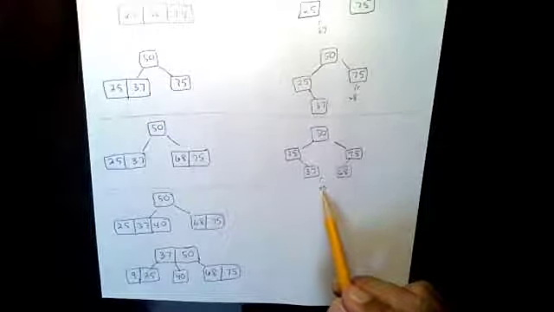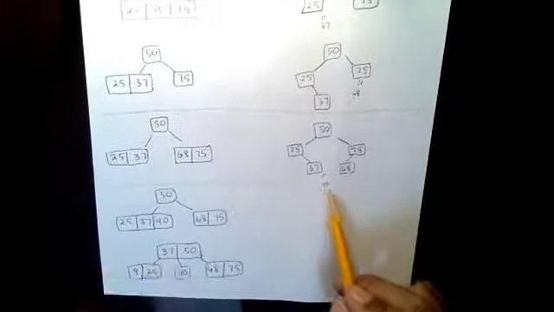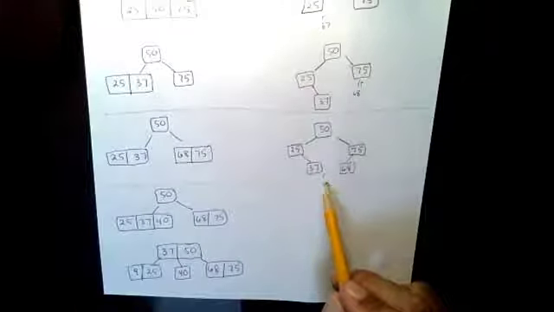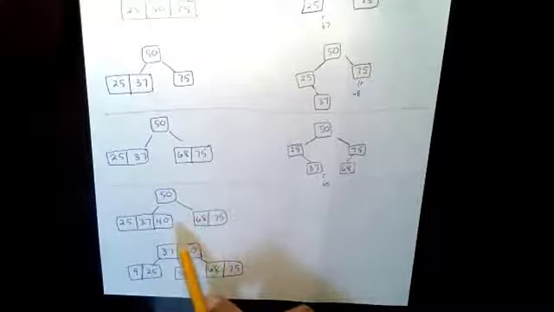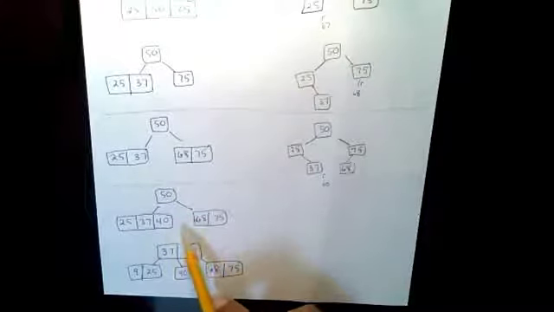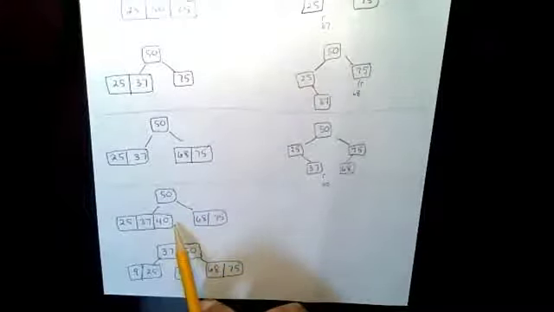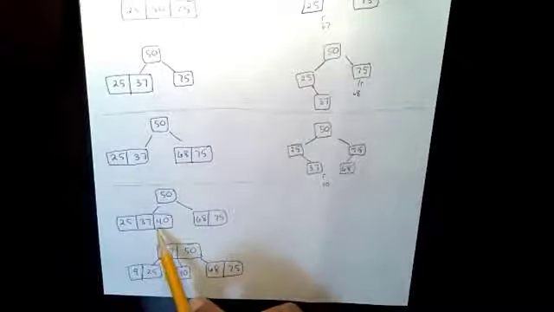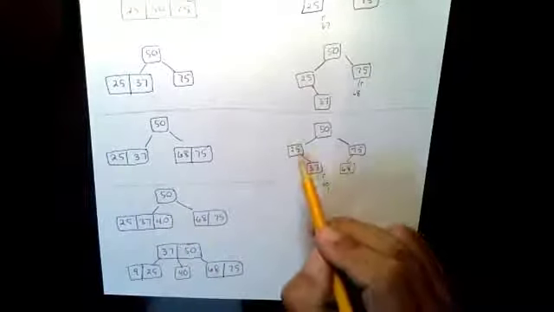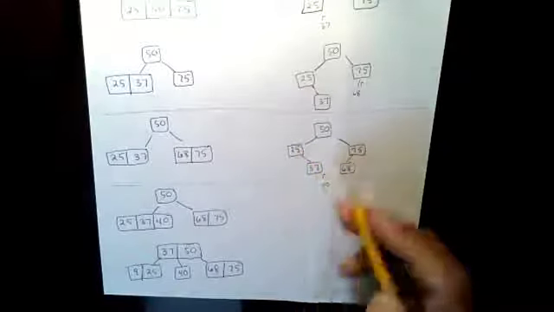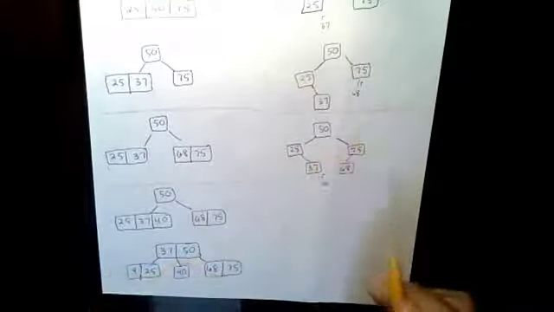But notice what happens. I know what the result should be. It's going to be this guy. But how do I get this guy? Guess what happens here? The 25 goes to 37, goes to 40.